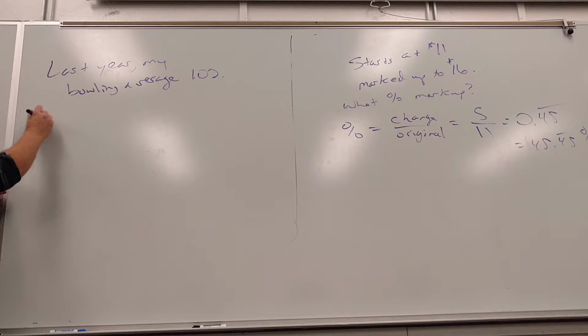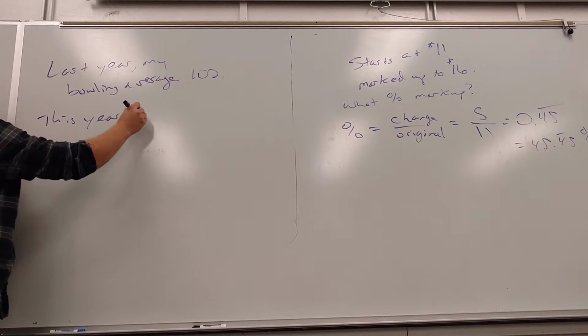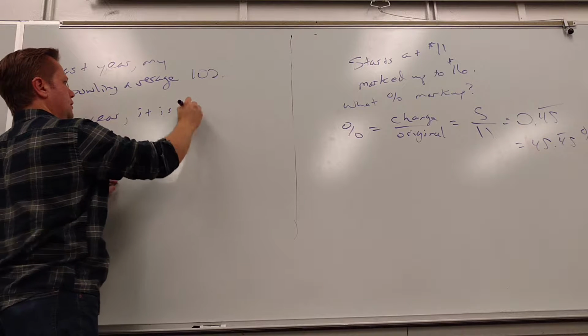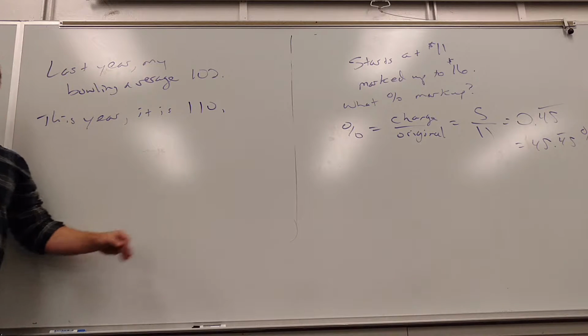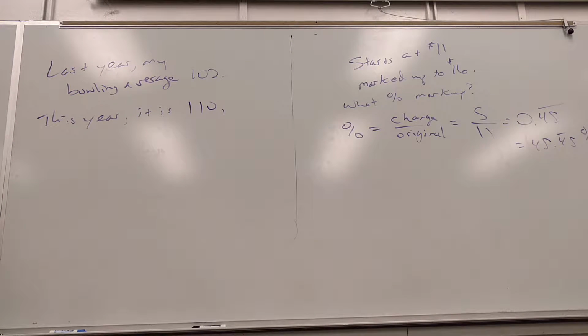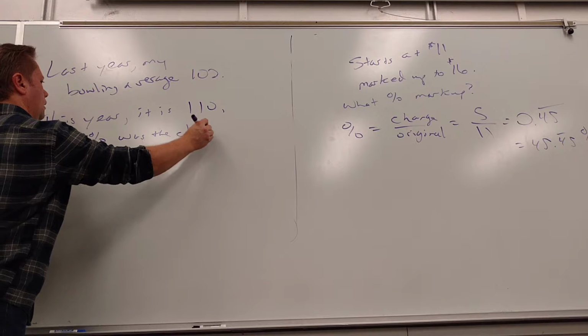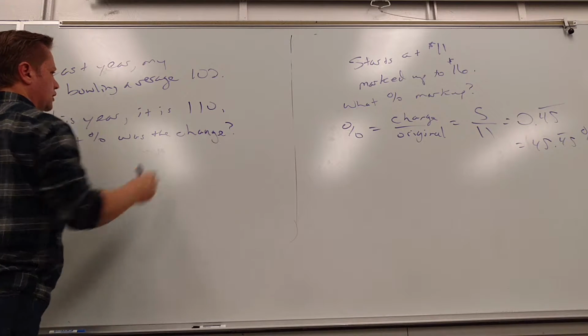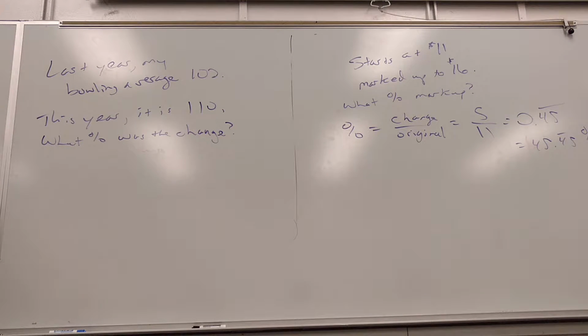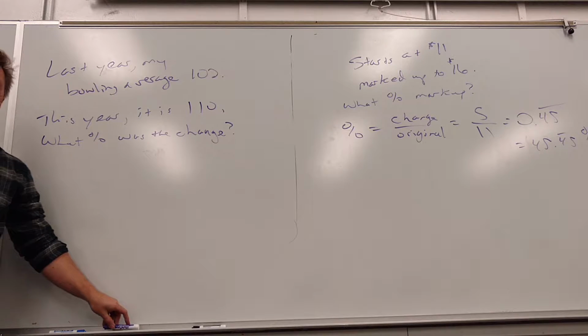This year, let's say I got a little better. It is 110. What percentage did it change by? So this idea does not just work with money, it works with anything. Figure it out. Don't say anything out loud.